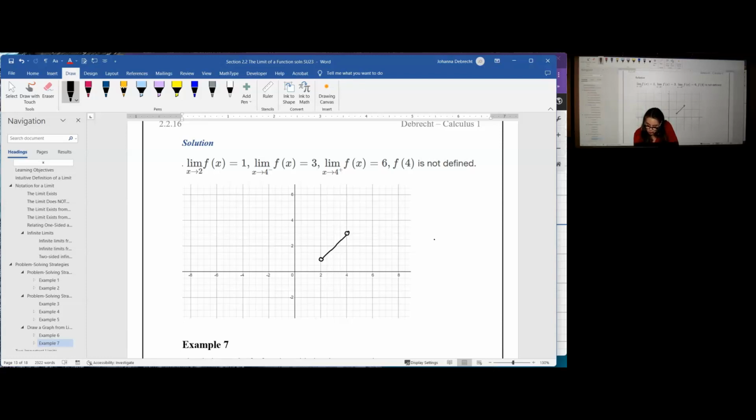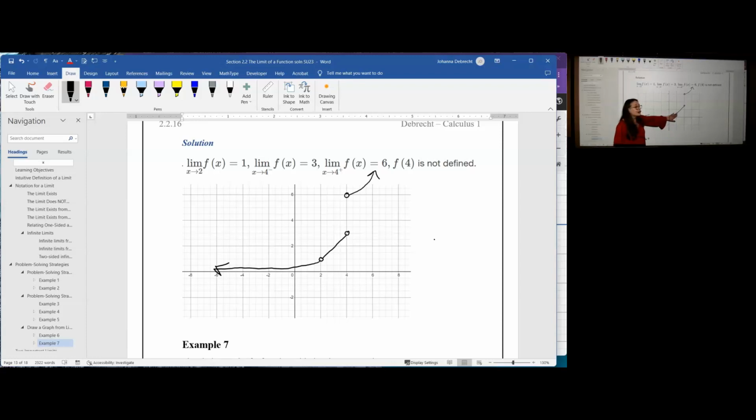As I approach 4 from the right, I wanted to approach the value of 6, but again, it's not defined there. This time, I'm just going to come in like this. Now, I also want the function defined over here so that I can get the limit at 2 to exist and be the value of 1.